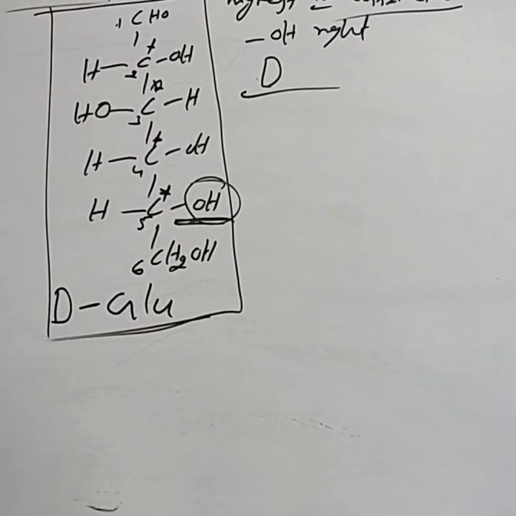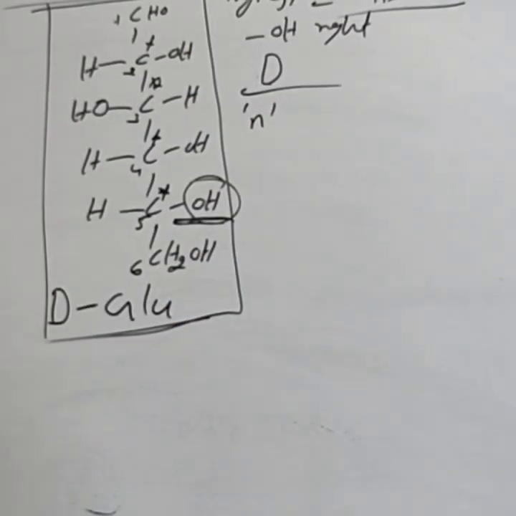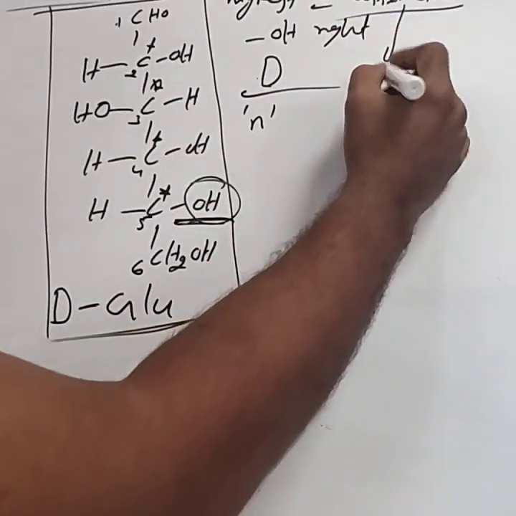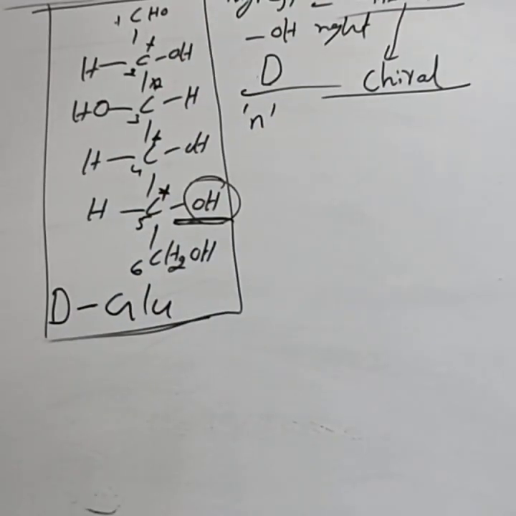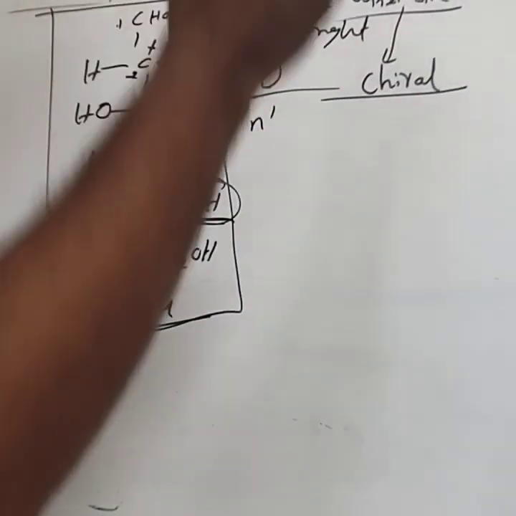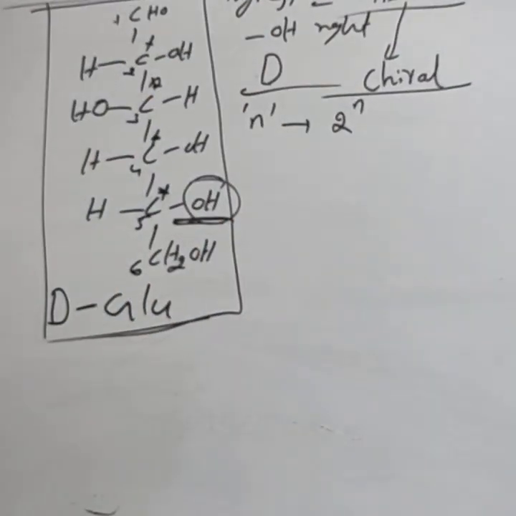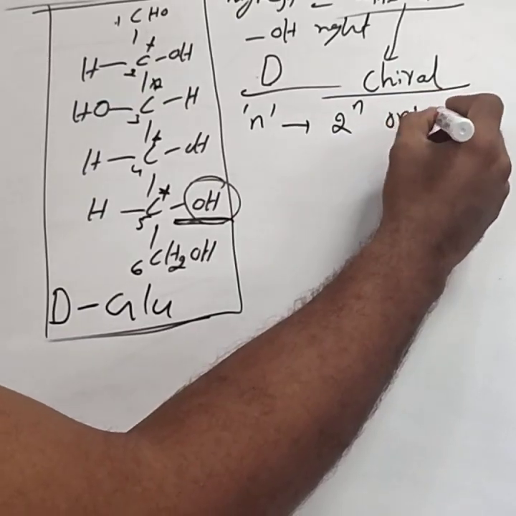Next, one more point. A compound with n number of asymmetric centers, which we can also call chiral centers, has 2 power n optical isomers.